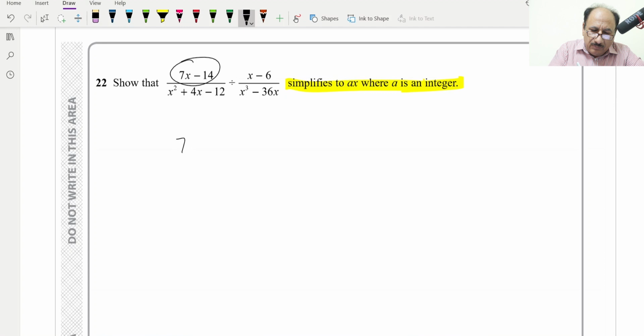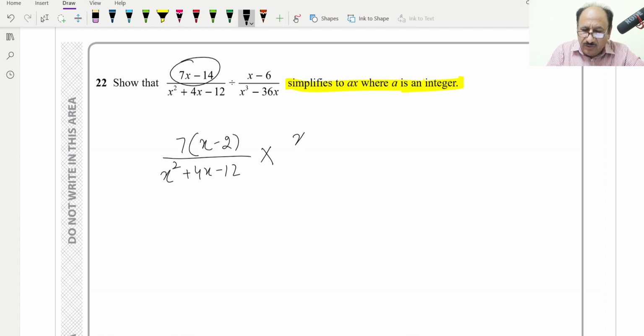So we will take common 7, inside will be x minus 2, and the lower portion we can copy as it is, x square plus 4x minus 12, and the division will change to a multiplication sign, and we will write the reciprocal. So numerator will change to denominator, and denominator will change to numerator, so that will be the reciprocal. So we will write like this.